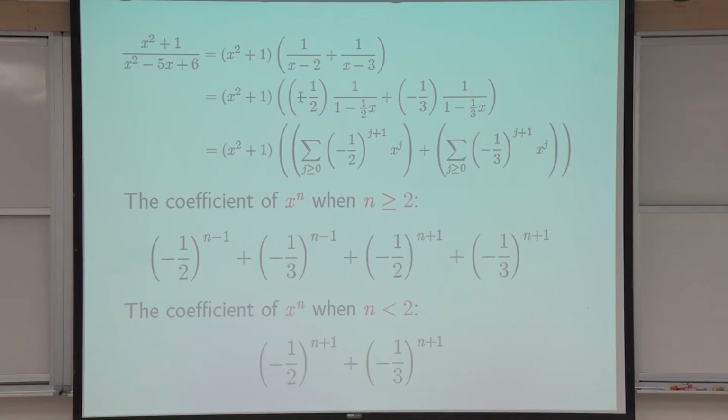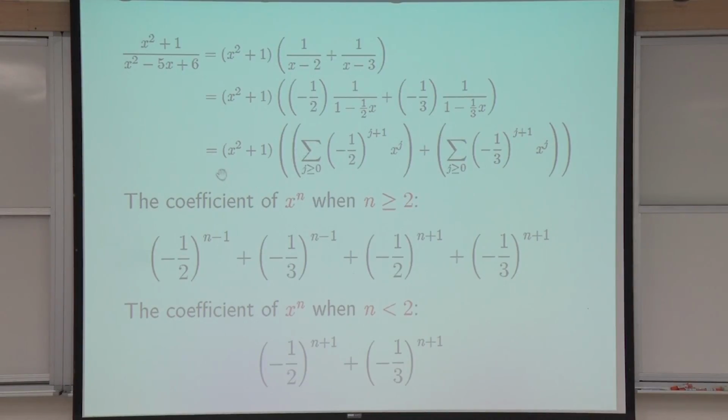Taking negative 1/2 out and negative 1/3 out, we can get these 2 parts and get the generating function of each of these parts.